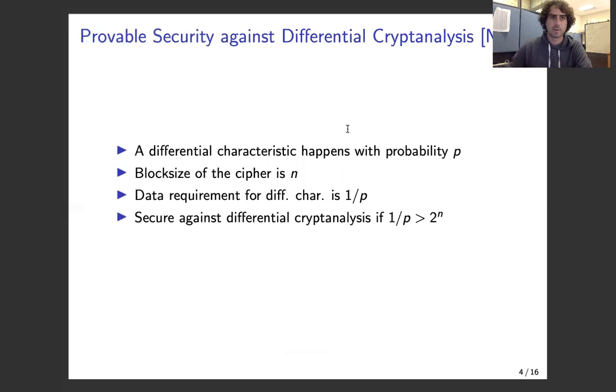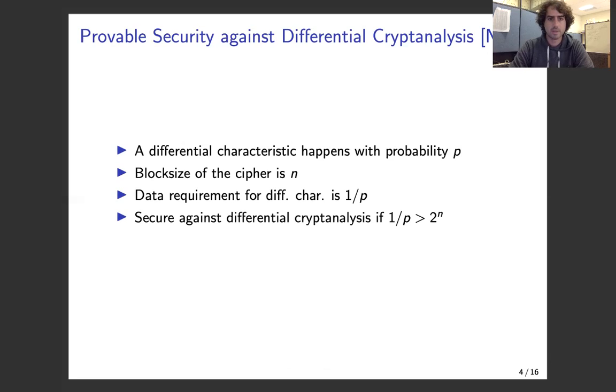Now, as I said in the introduction, we are looking at the Wide Trail design strategy, and this is based on the work of Nyberg and Knudsen from 1995, which provided us with a framework to prove that the cipher is secure against differential cryptanalysis.